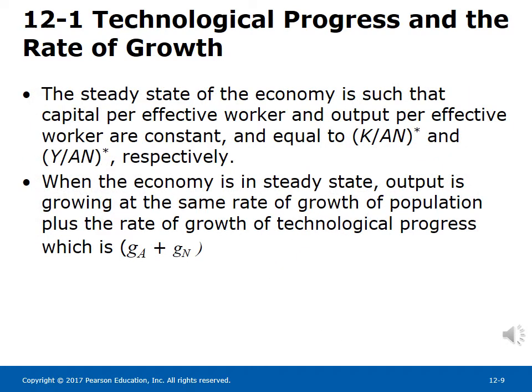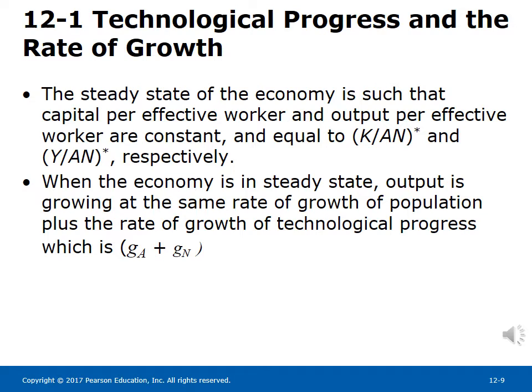(12-1) Technological progress and the rate of growth. The steady state of the economy is such that capital per effective worker and output per effective worker are constant and equal to K over AN star and Y over AN star respectively. When the economy is in steady state, growth of output per effective worker is 0.